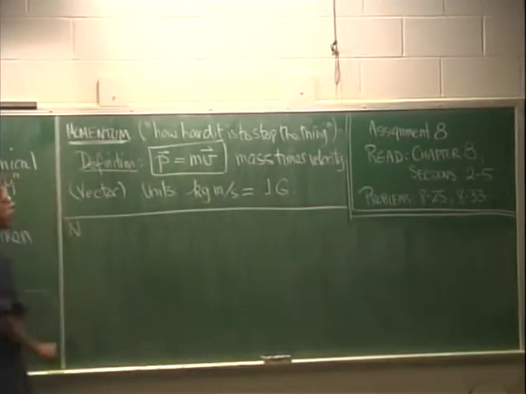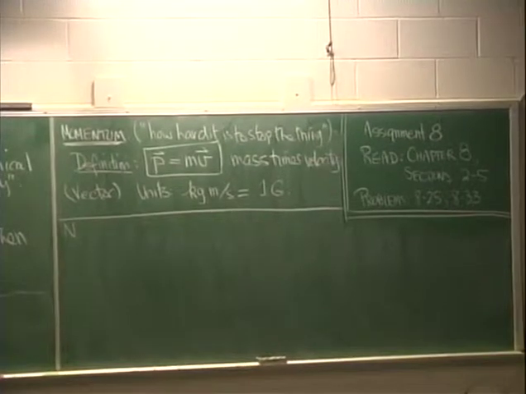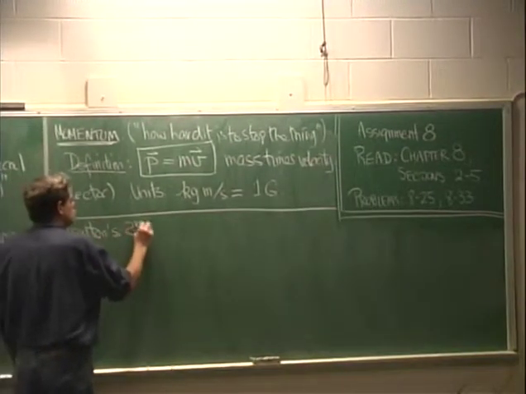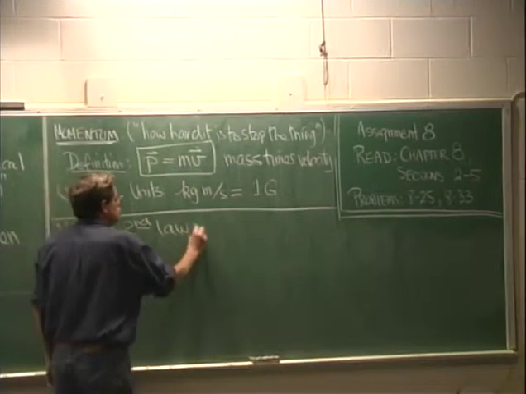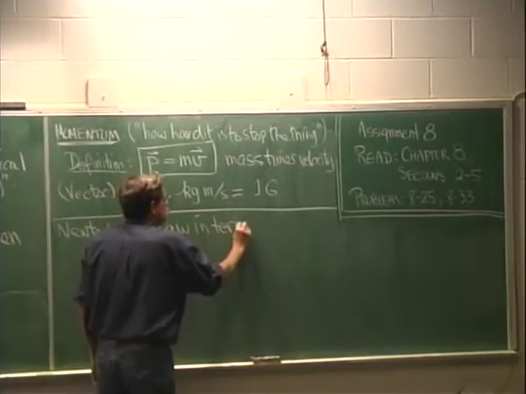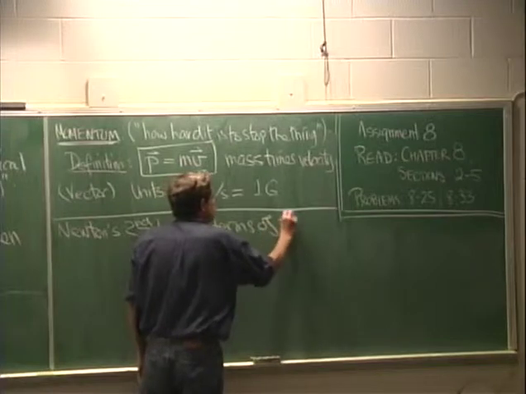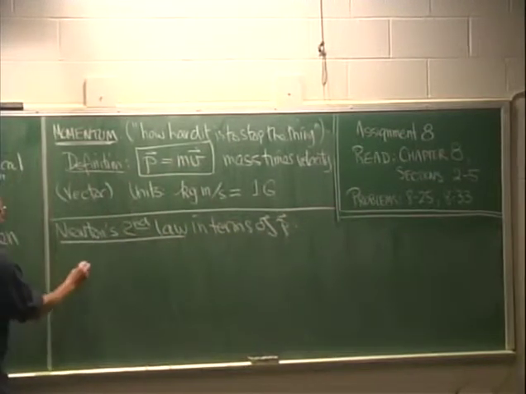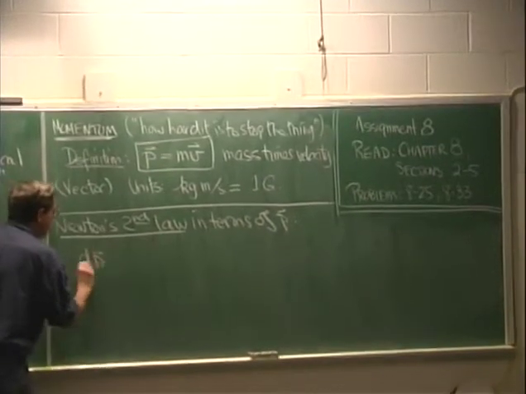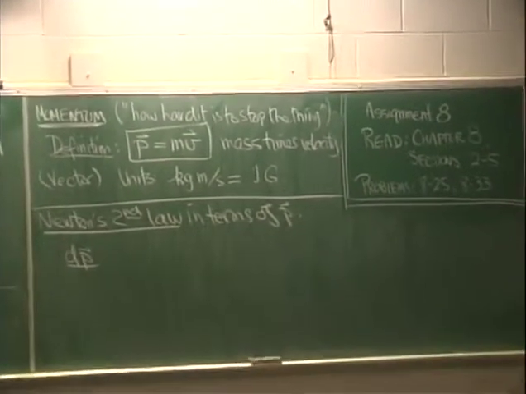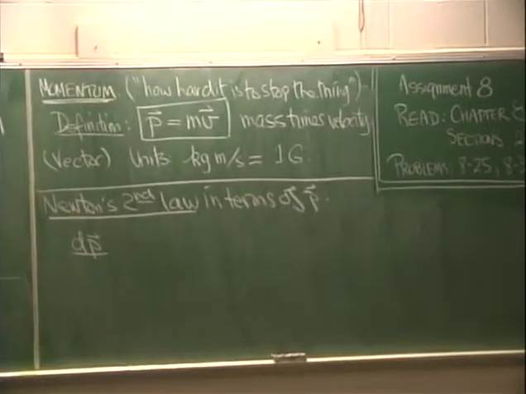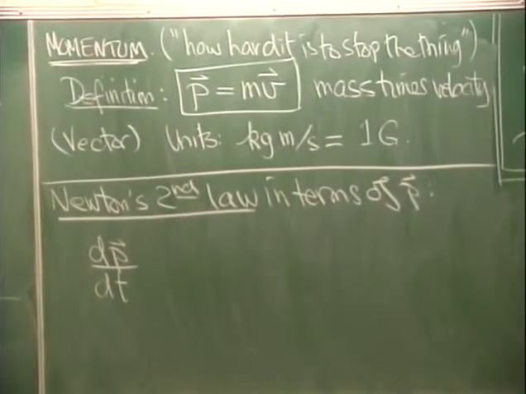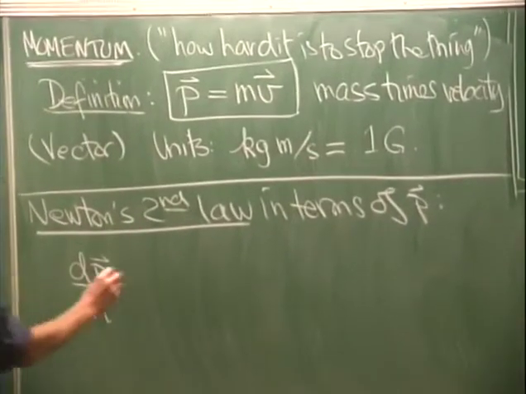So, Newton's second law of motion can be written very nicely in terms of momentum. As follows. Suppose that I calculated the derivative of p. I'm talking about some object moving around and forces acting on it, or something speeding up and slowing down, and I'm interested in the rate of change of that momentum.